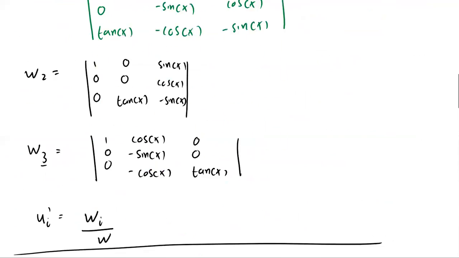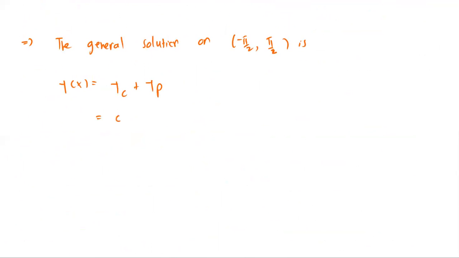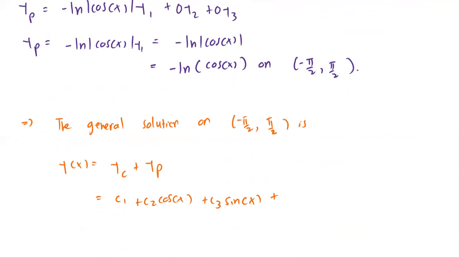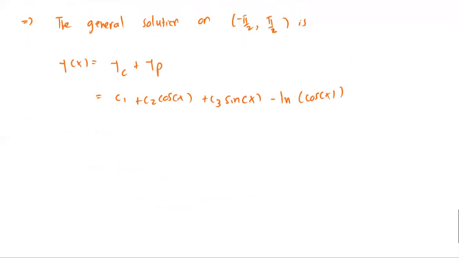So 1, cosine, sine, so c1 plus c2 cosine x plus c3 sine x, that's the complementary solution, plus the particular solution. There's a minus in front, so let's make it a minus. And that's the general solution on negative pi over 2 to pi over 2.